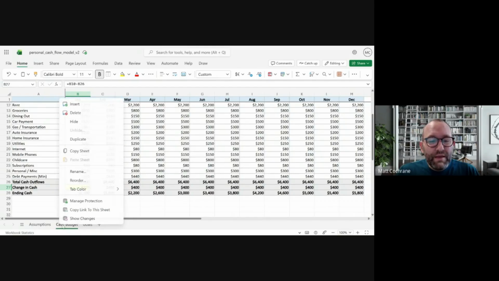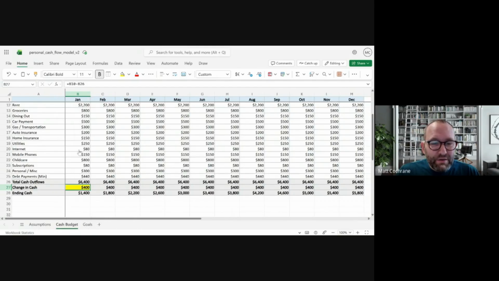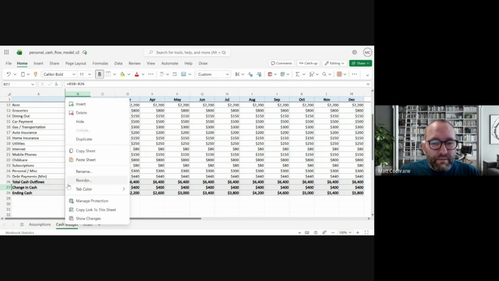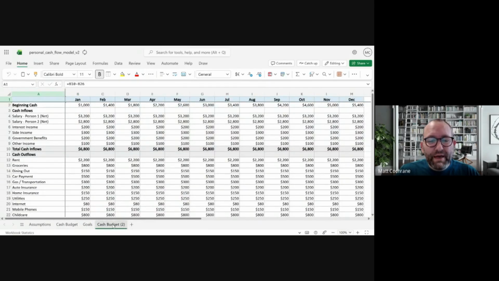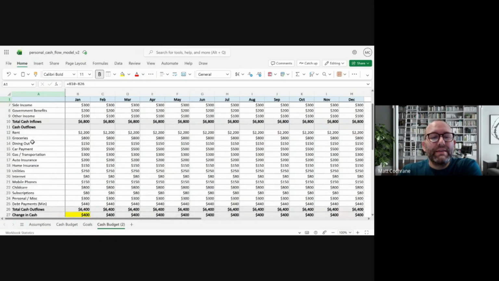If we copy this particular sheet, or rather, let's see here, and then paste the sheet, we can put cash budget 2 on the other side of goals. Now, the reason we want to do this is because down here in our expenses or our cash outflows, we now want to add those 3 categories.